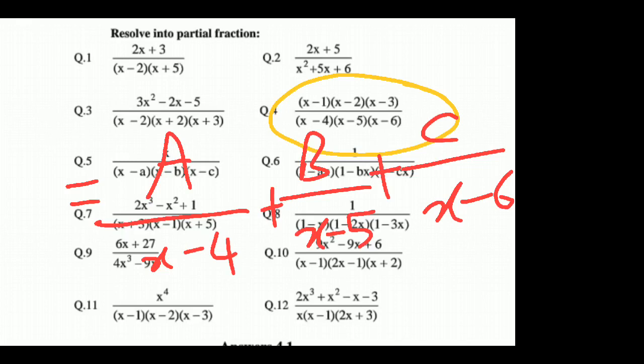You will get the values of A, B and C, and substitute here for the values. You will get the required partial fraction. But remember, on the left hand side also you substitute the values of x, that you should remember.